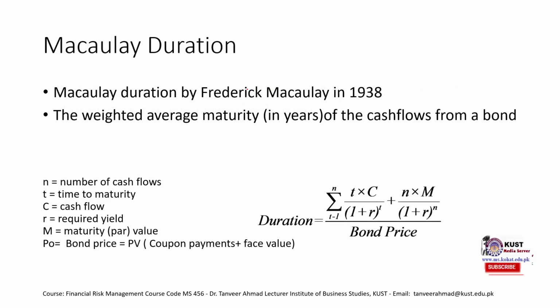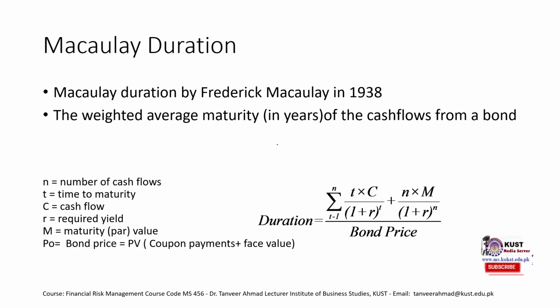So there are different methods of solving this Macaulay duration, and you would find different formulas as well. I would explain this using the formula, and then there is a simple method of solving this question. Let's look at the formula and then we would see the simple method.